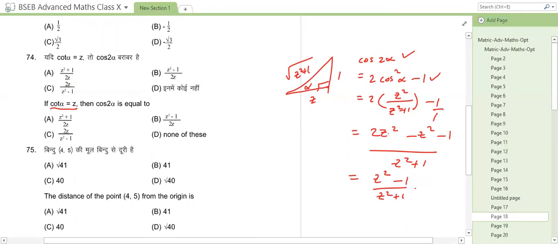So we had 2z squared minus z squared minus 1. So we have z squared minus 1 over z squared plus 1. So none of these, as the correct answer is z squared minus 1 over z squared plus 1.